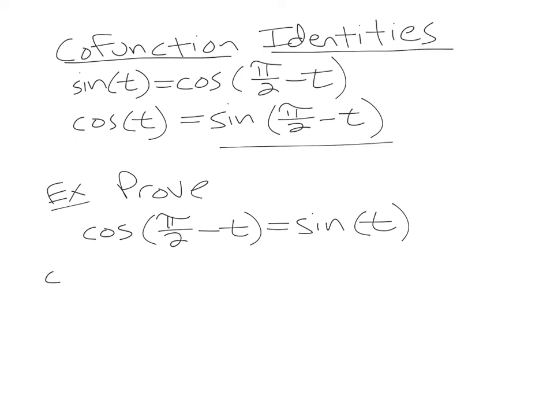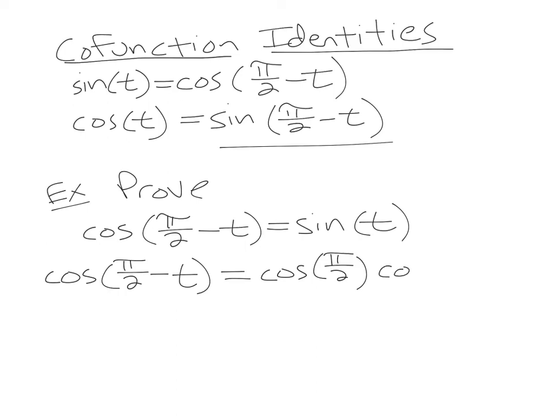So the cosine of pi over 2 minus t is the same as, if you look at that last identity, the cosine of pi over 2 times the cosine of t plus, the subtraction identity for cosine involves addition, and that's why I said these are hard to remember, the sine of pi over 2 times the sine of t. So this is just that identity with pi over 2 and t instead of s and t.